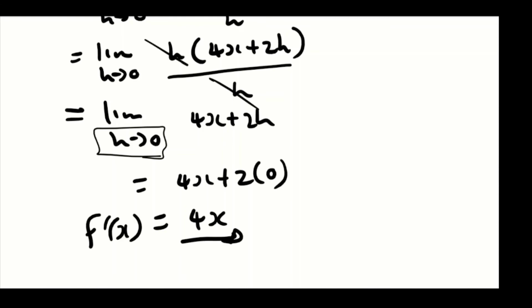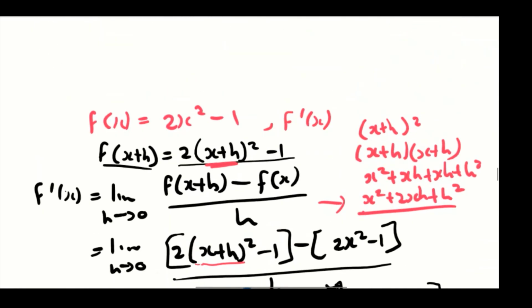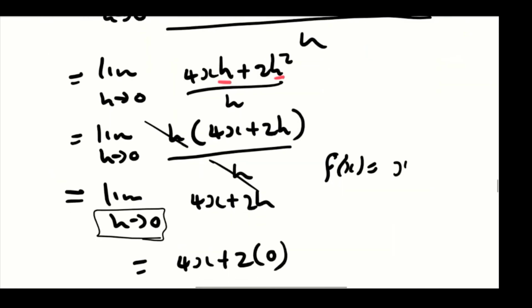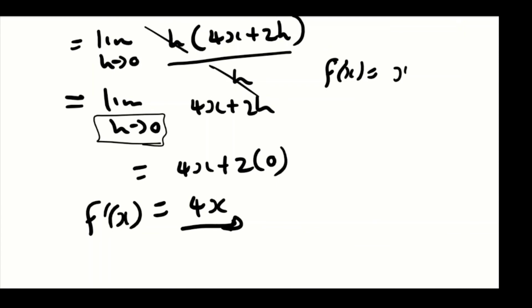Always check if your answer is right. You can check it beforehand or after. We know very well that our f of x is equal to 2x squared minus 1, and normally when you find a derivative, you just drop the power.